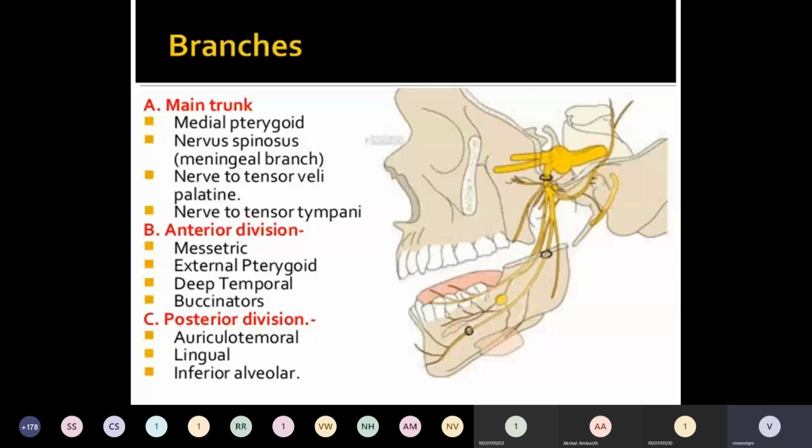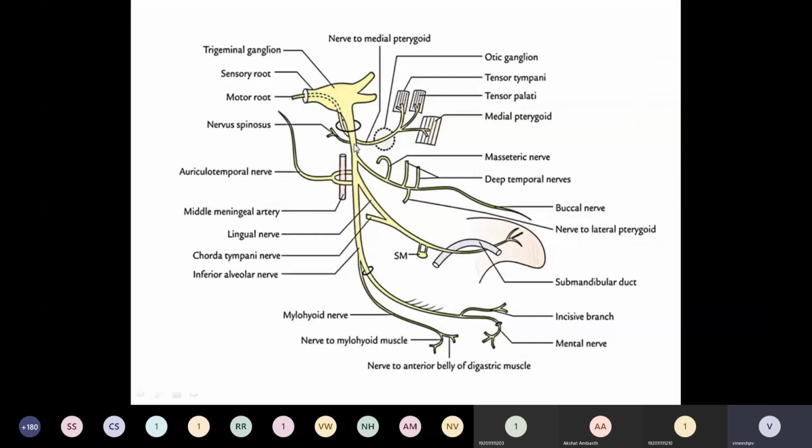Now let's see the branches: from the main trunk, from the anterior division, and from the posterior division, you are supposed to know all of them. From the trunk, there are only two branches. One is the branch to the medial pterygoid. We studied the muscles of mastication already. The medial pterygoid muscle is supplied by the branch from the trunk.